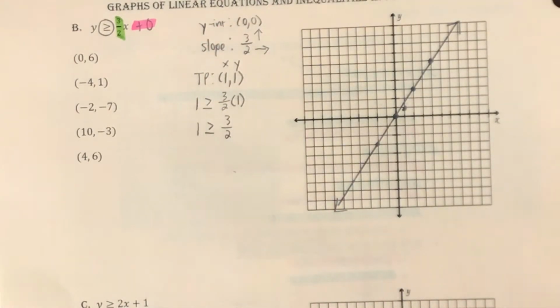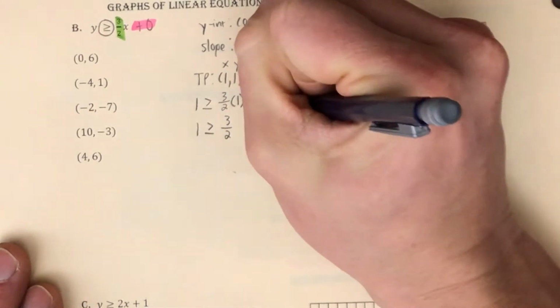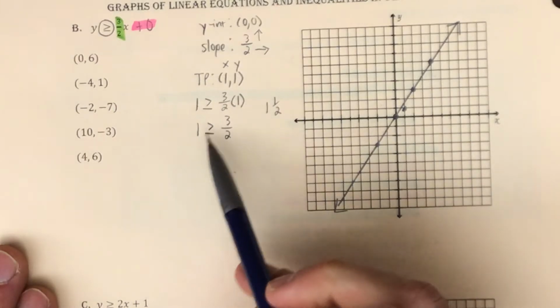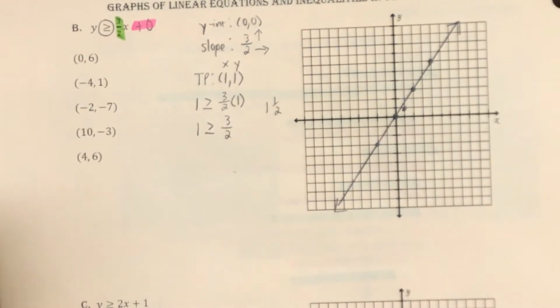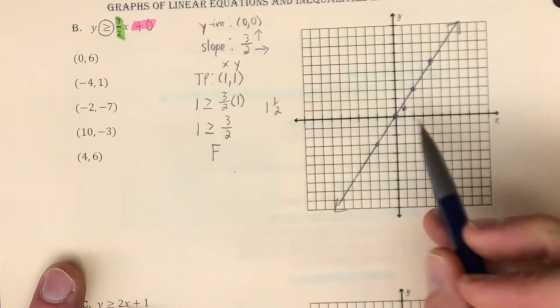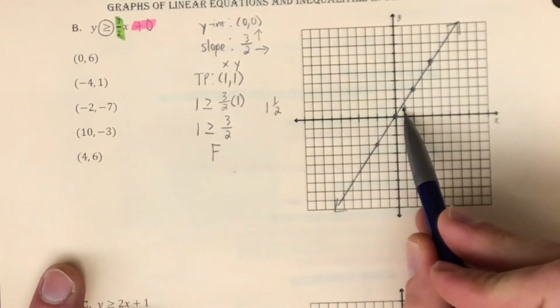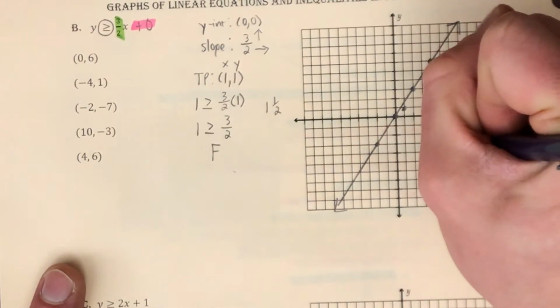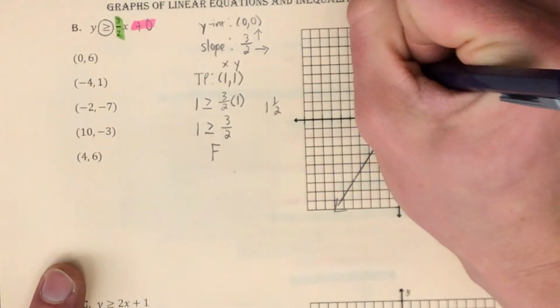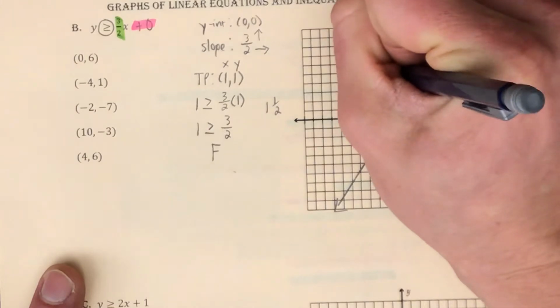Well, I have to remember that 3 halves is the same as 1 1/2. So really what I'm saying is 1 is greater than or equal to 1 1/2. Is that true? Well, 1 is not greater than 1 1/2, and it's certainly not equal to it, so this is false, which means everything on the side of my test point of 1, 1 is false. There are no solutions on that side, which means everything on the other side is true.